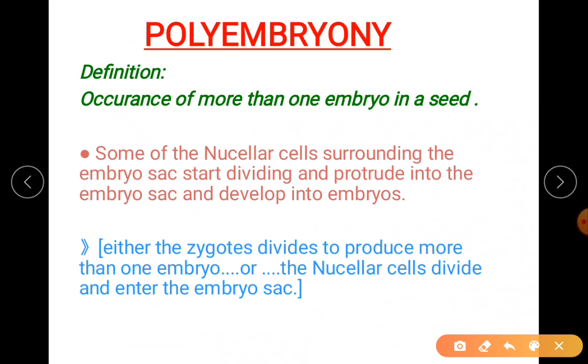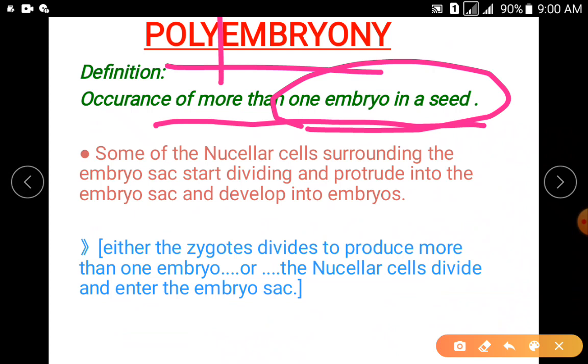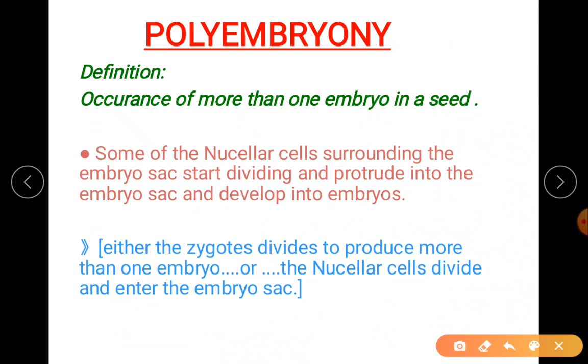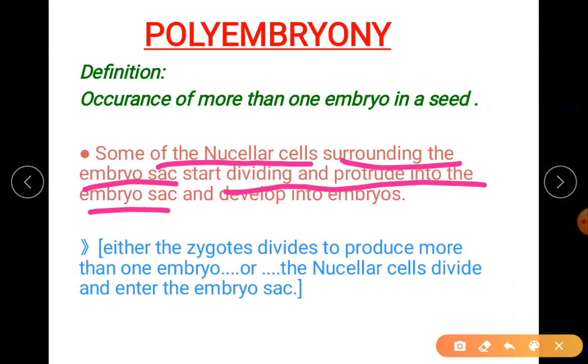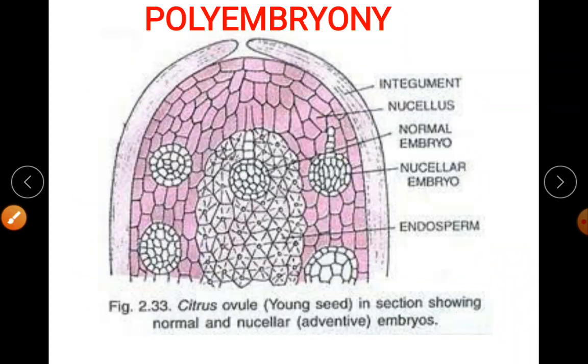Coming to your last topic, polyembryony: the occurrence of more than one embryo in a seed. That's why it is called polyembryony. What is actually happening here is that some of the nucellar cells surrounding the embryo sac start dividing and protrude into the embryo sac, developing into new embryos. Just observe this.